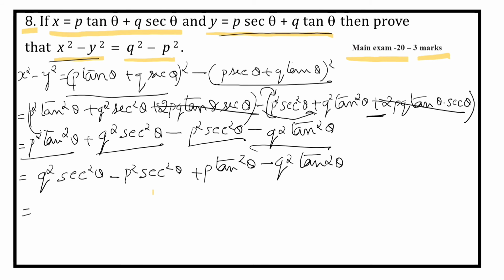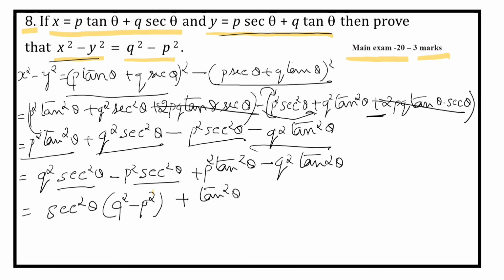That is equal to, remove secant square theta outside, since it is common, q square minus p square. Here tan square theta is common, p square minus q square.